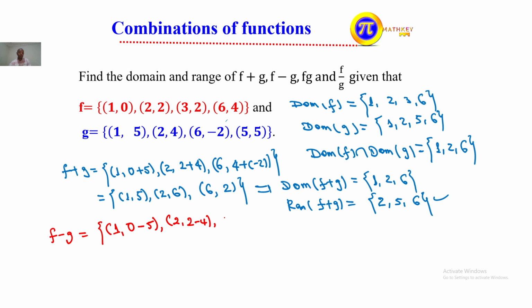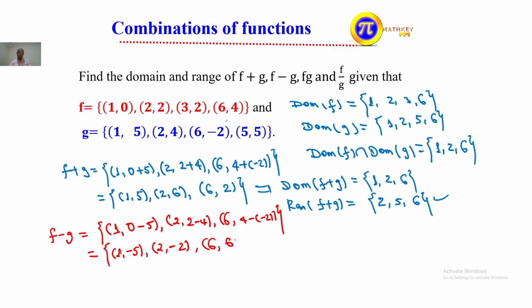The next one, that is 6 with 4 minus 2. After that, take their difference, which is equal to 1 with negative 5, 2 with 2 minus 4, negative 2. The next one is 6 with 4 minus 2, that is 2, so 6 with 2.